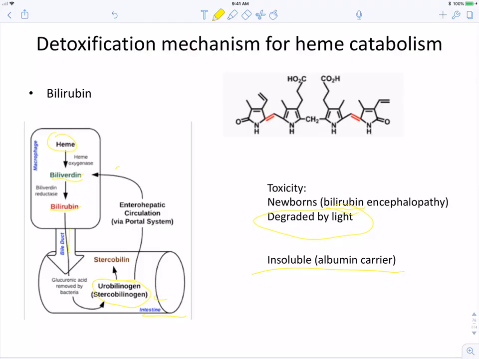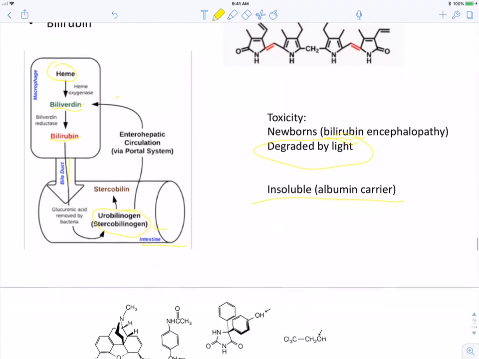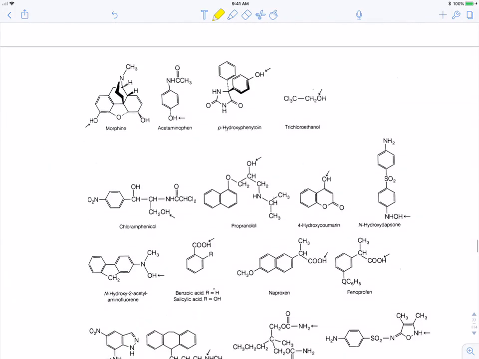Oftentimes they make it home with a lamp that the parents then utilize to irradiate the child and help them metabolize bilirubin. This is very important, once again, because if this is not done, then there can be brain damage as a consequence. And all newborns are tested for this particular bilirubin accumulation.